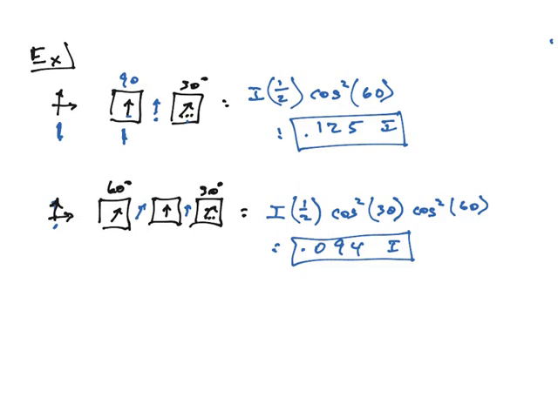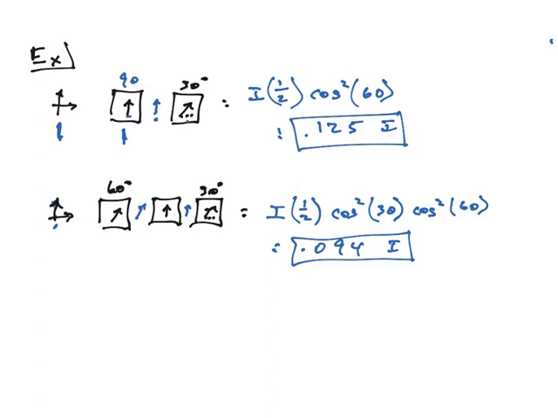Once you've gotten through some filter, you're now at that new direction. So whatever that angle is, minus the angle you're trying to get to, you subtract them because you need the difference. That's the angle you put in a cosine squared. Once done, you're now polarized at this new angle that the filter says you're at.